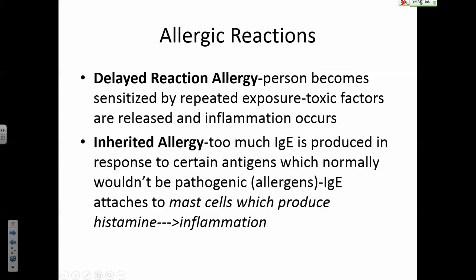The type 1 hypersensitivity reaction is the one that is more of an inherited allergy, where genetically you have cells that are recognizing something as a foreign antigen that in most people it wouldn't be considered recognized as that. For example, proteins on a particular pollen grain or proteins on the surface of seafood, like shellfish.